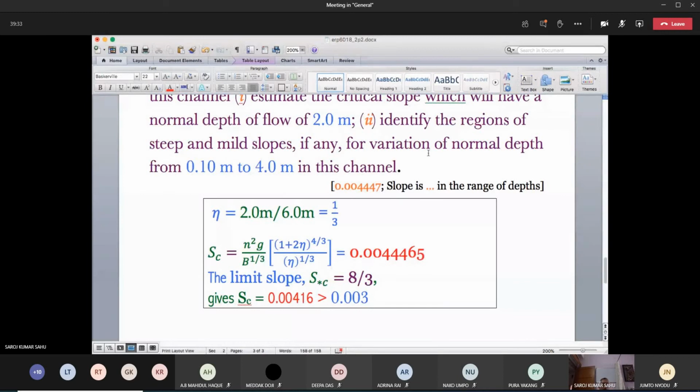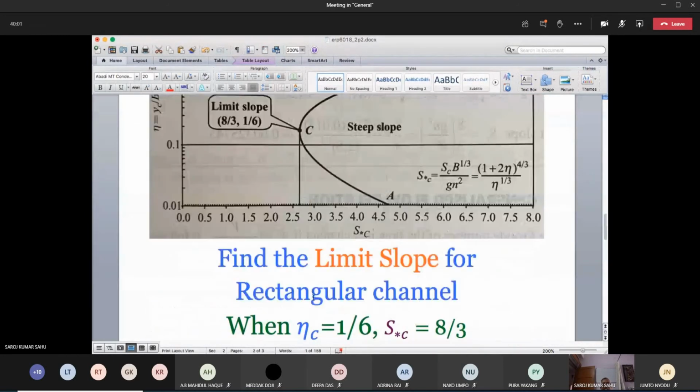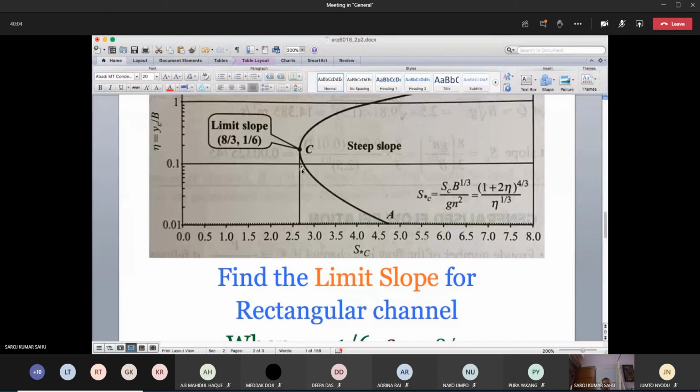So for the variation of normal depth from 0.10 to 4.0 meter in this channel, this slope is less than this value. At this value of the slope, you have just reached this point.